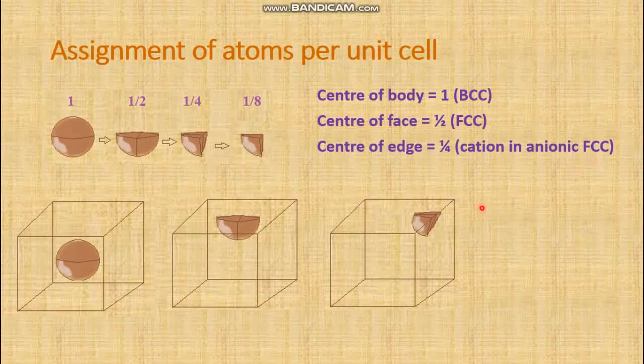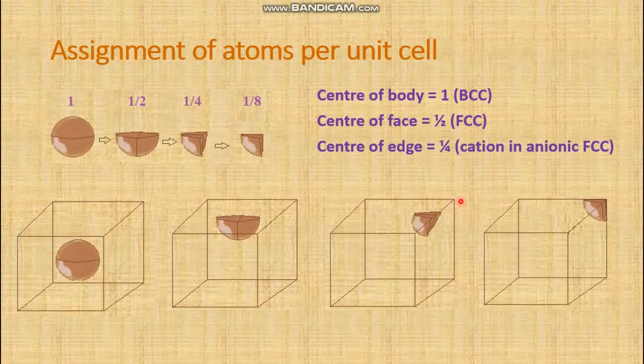The vertices are occupied by the chloride ions, while the Na+ ions, that is the cations, occupy the edge centers, that means in between two vertices. So these types of examples are found in sodium chloride.